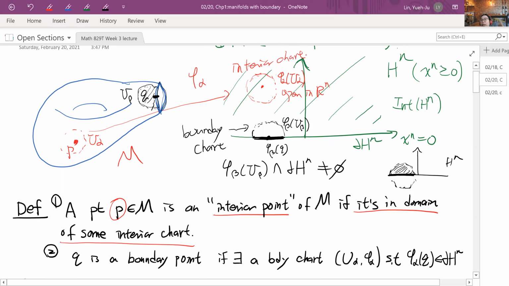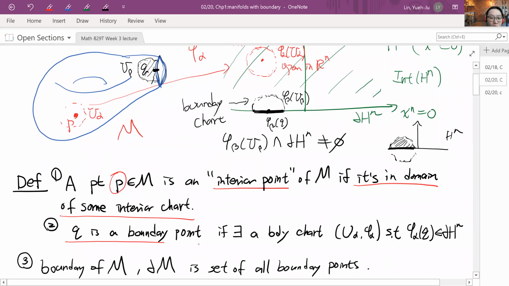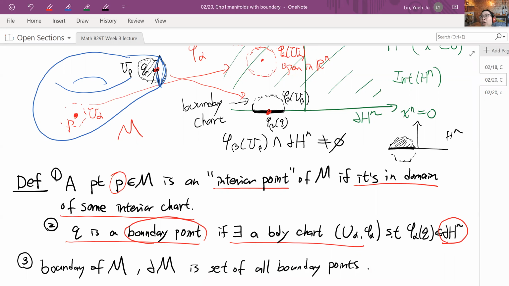And a point Q is called a boundary point if there is a boundary chart such that this homeomorphism maps the point to the boundary of Hn. The point I just picked here, Q, is exactly a boundary point, because through the homeomorphism it gets mapped to the boundary of Hn.